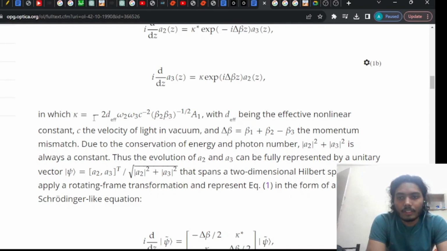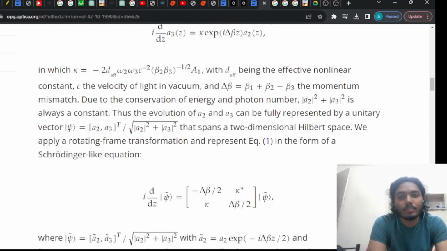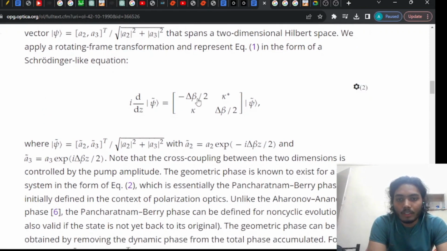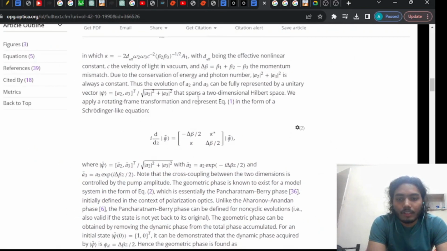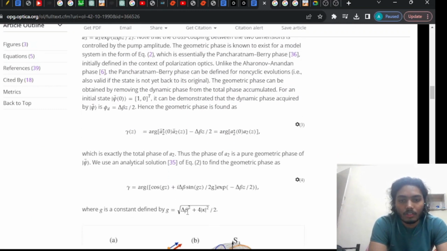So we will get kappa as a function of A1, that is the amplitude of the pump, and from there we will get the value of g, which is given by the square root of delta beta square plus kappa square by 2. So we just substitute the value of kappa here, and we will get g.